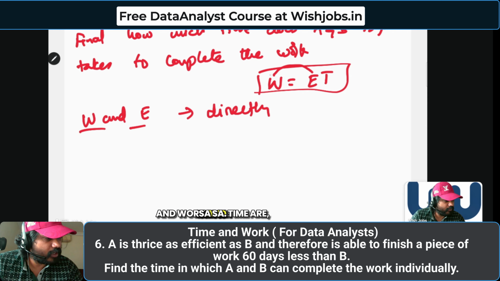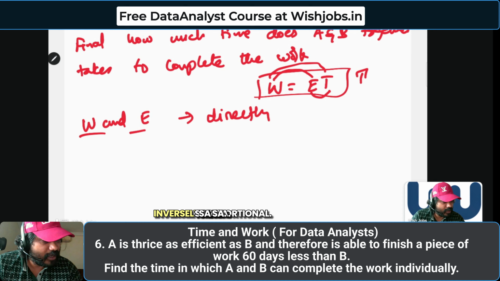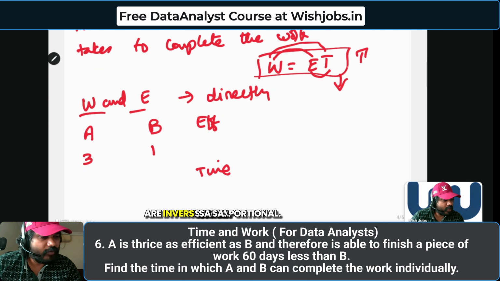But if efficiency is given and time is not given, you need to know these are inversely proportional. So he told A is thrice as efficient as B. These are efficiencies. You don't know the time, so to get the time, you know they are inversely proportional.